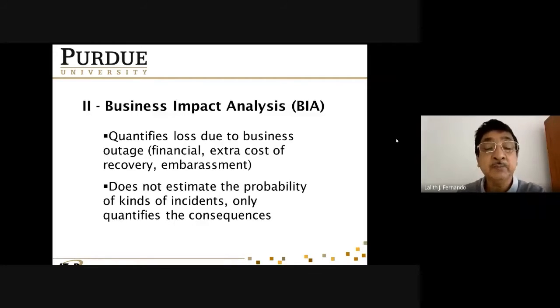And just to add something here, when you do this business impact analysis, what is the document or what is the base for this type of thing? You can remember that when we talked in terms of risk and control self-assessment, we discussed the functions of the particular department or particular unit. Now, to carry out those functions, there should be a set of steps. For each of these steps, there will be an inherent risk.